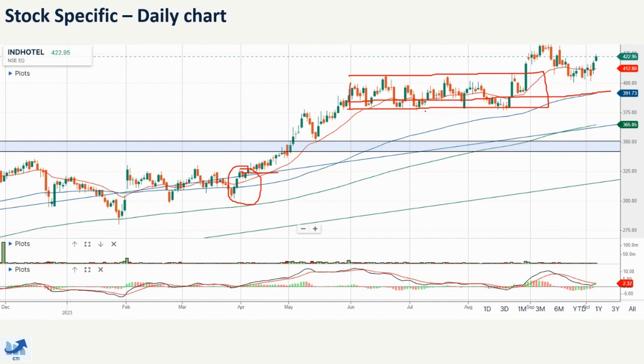There was a good amount of consolidation. There was a breakout in the month of September, after which it started to correct, and currently it is taking a very good support at around 400 levels. So a good accumulation zone for Indian Hotels is around 400 levels. Given that they are going to report double digit growth, I can see a good upward momentum in this stock.